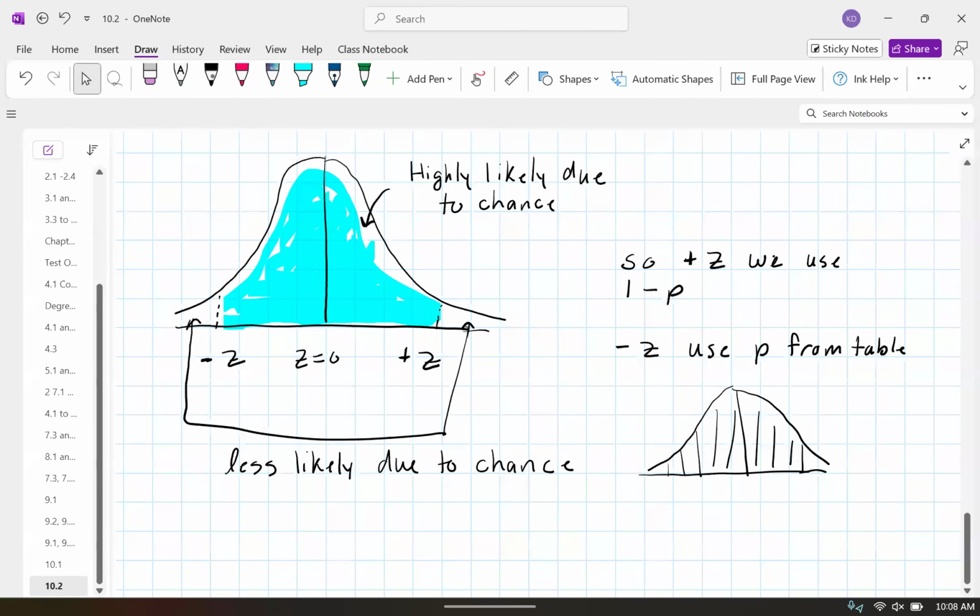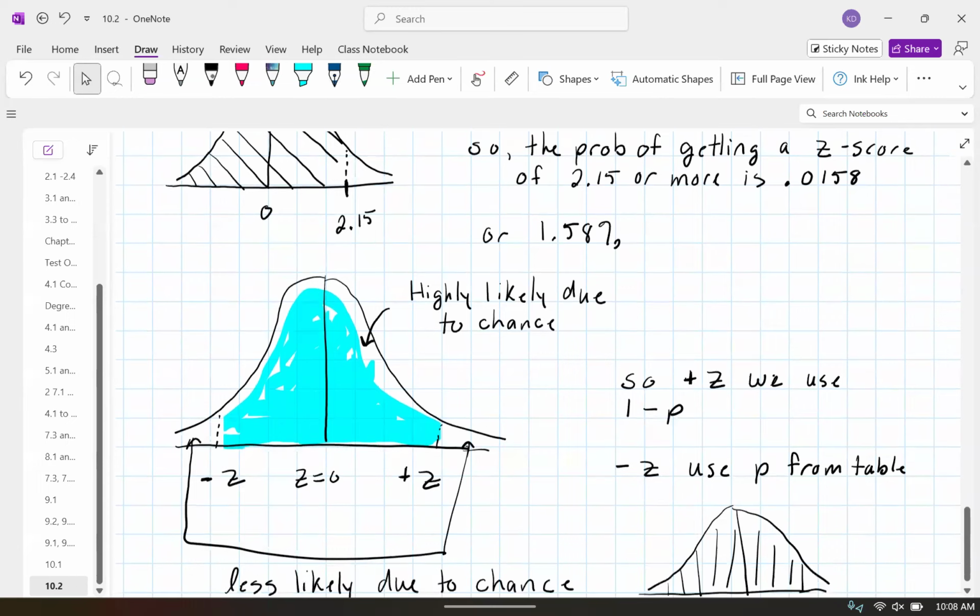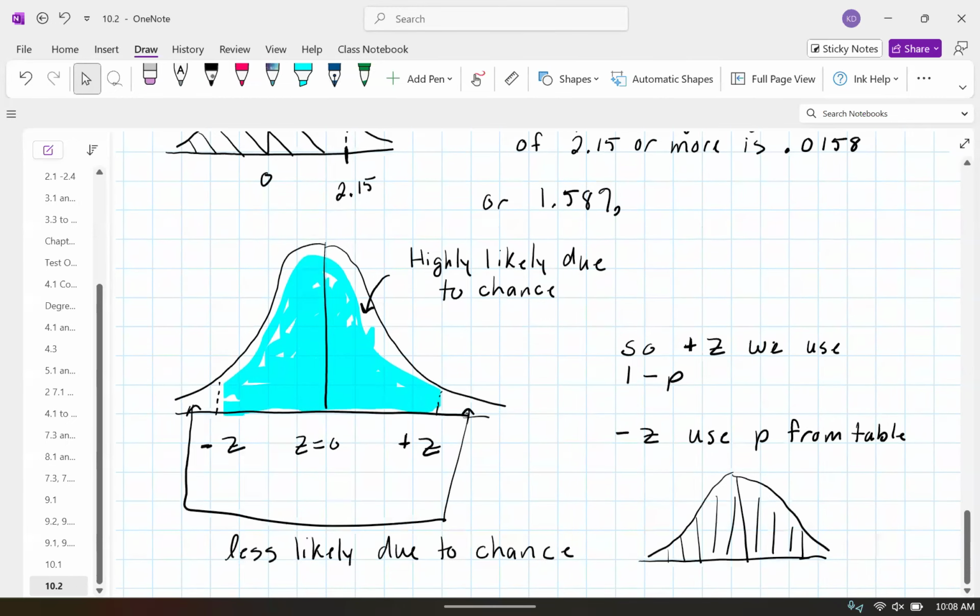So the question we had was, when do we subtract, when do we not subtract? It depends on our z-score. If we have a positive z-score, we're probably going to subtract. If it's negative, we're not. But let's talk about why that is. I'm sorry, my picture is really lousy. If we're in the blue zone, our theory is that our data could be likely due to chance.